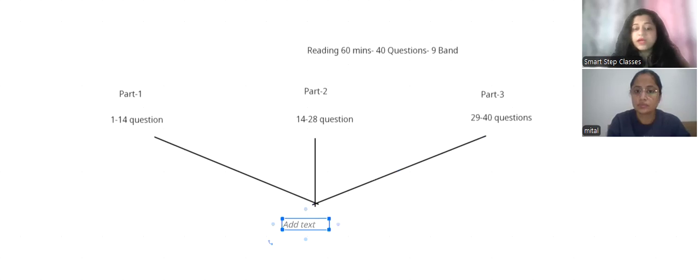When I'm saying content, I'm not talking about the topic, I'm talking about the pattern of the passages. The content, information, passages, and paragraphs will always be given as academic passages.